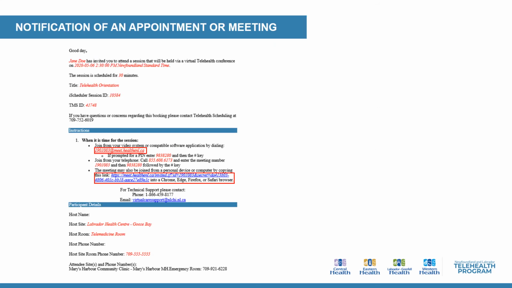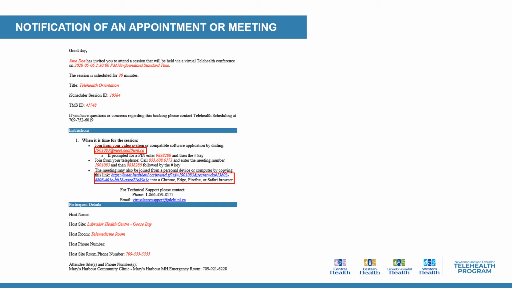Once an appointment is entered into iScheduler, a notification is then sent via email to the sites involved in the session. For meetings, however, the notification is only sent to the meeting requester, who is responsible to then forward the notification to all meeting participants.